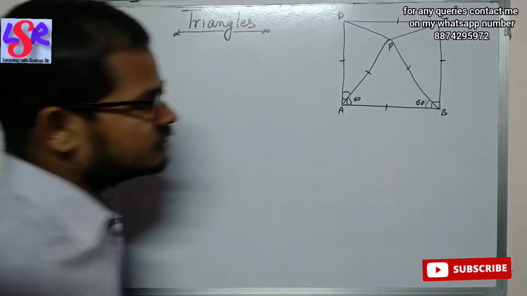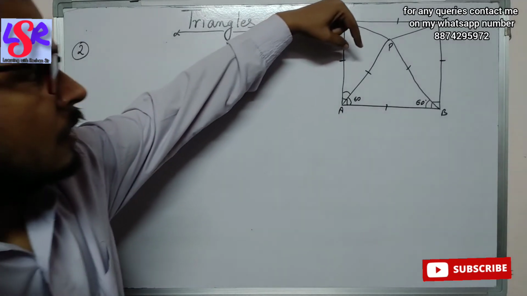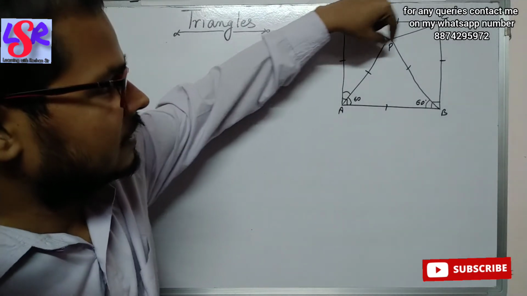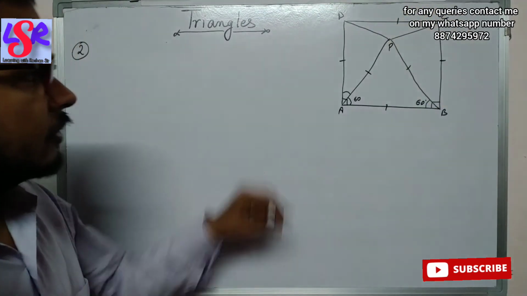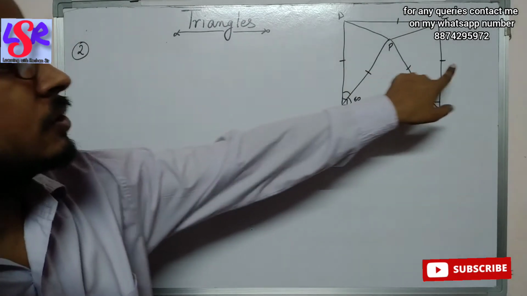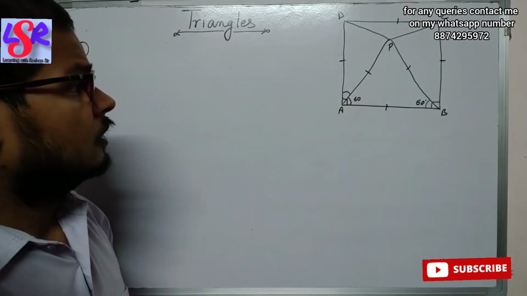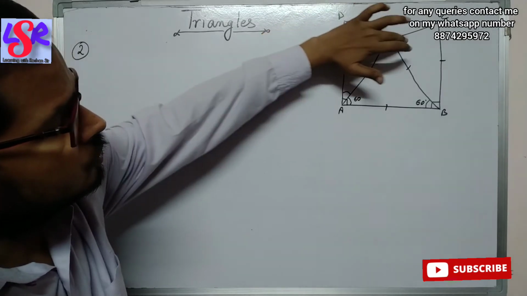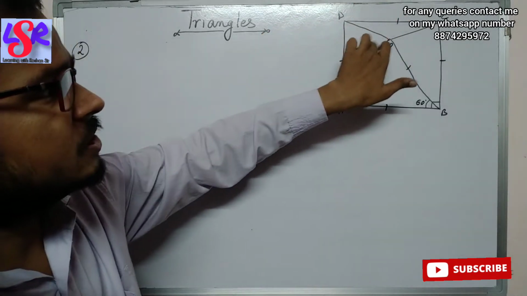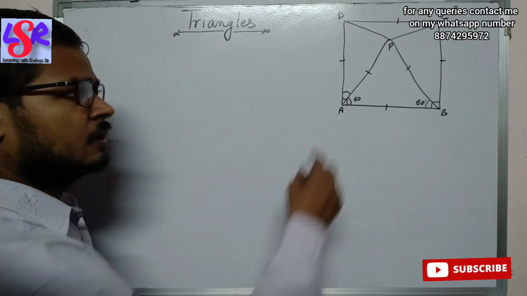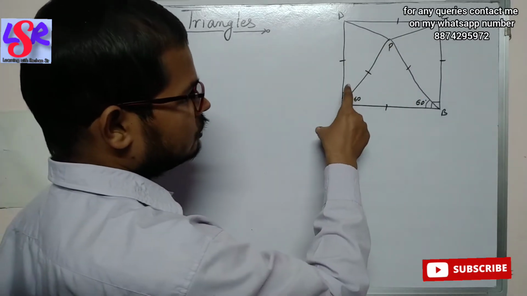Now the very first thing we have to show is that this triangle is congruent to this one. For that we can use this side equals this one and this side equals this one. Now we need a third parameter to prove these two triangles congruent. We can't use these sides because we don't have any relation for them. So we'll switch to these angles.